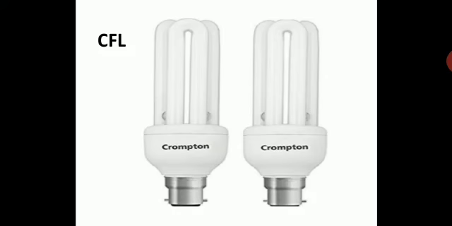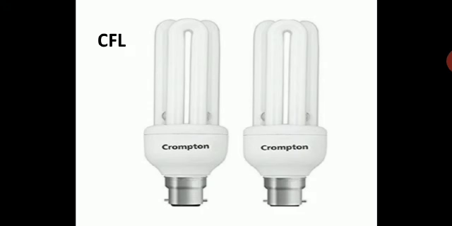Let us see in this session CFL, that is compact fluorescent lamp. What is a compact fluorescent lamp? We are going to see in this session today. You can see over here the Crompton company making this kind of CFL.